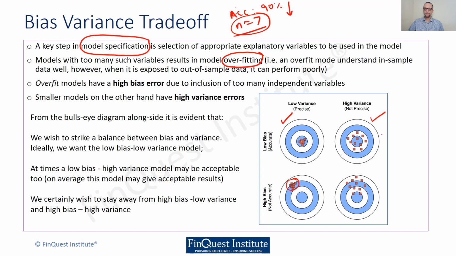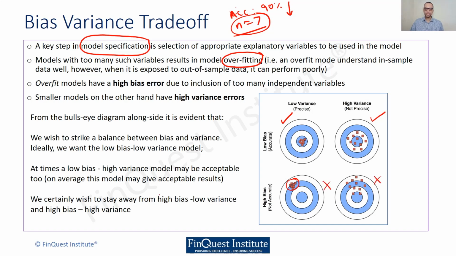And whenever it is high variance and high bias, not only are these points away from the bullseye, but also they are widely dispersed with respect to each other. This is something which we ideally don't want, isn't it?